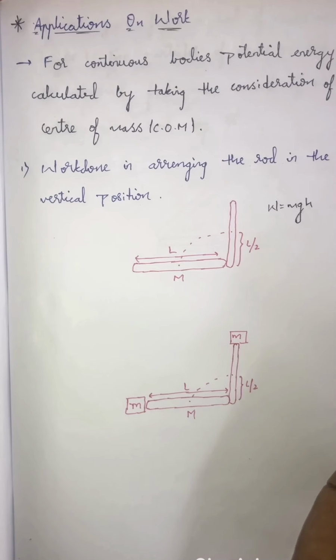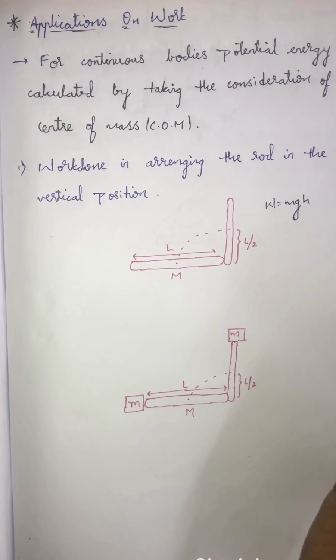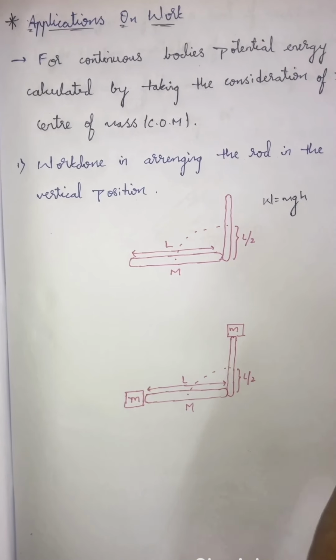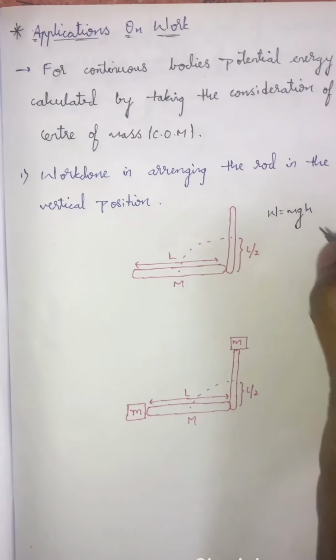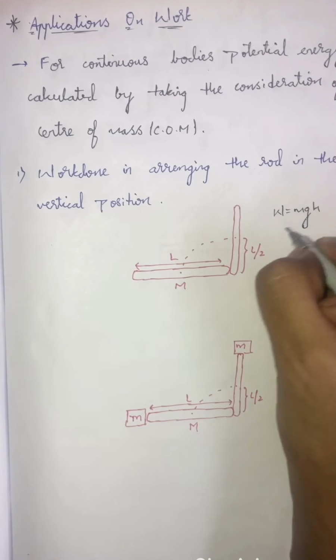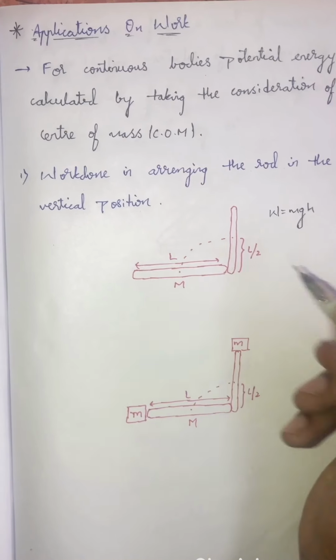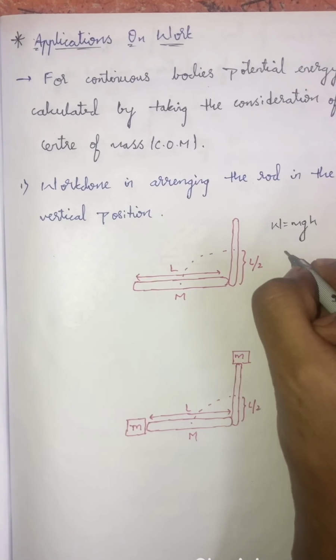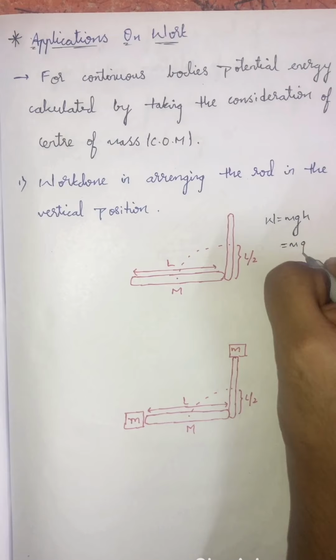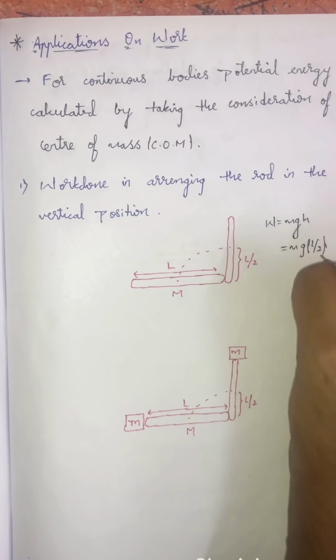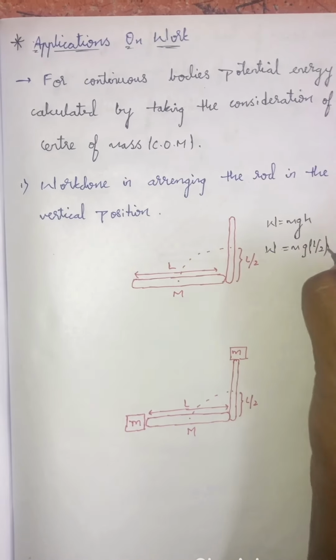F is equal to ma. Here acceleration due to gravity acts as acceleration. So work done is equal to mgh. Then the height raised by center of the mass will be equal to L by 2. So in place of h we will write L by 2. So work done will be equal to mg L by 2.